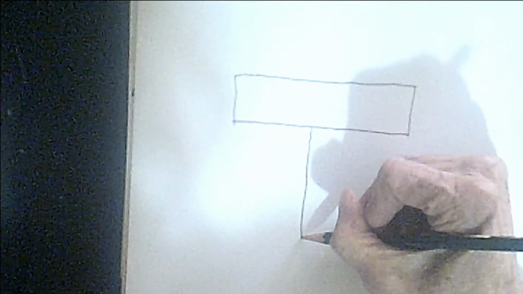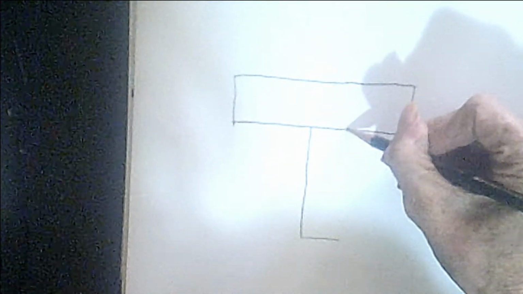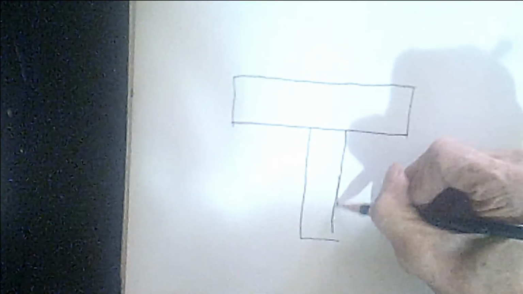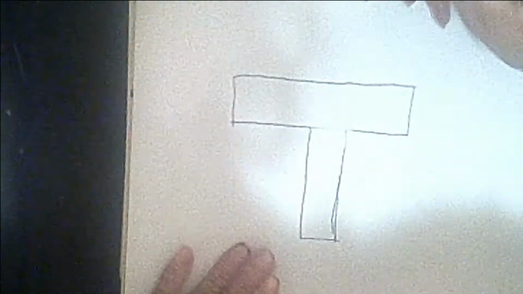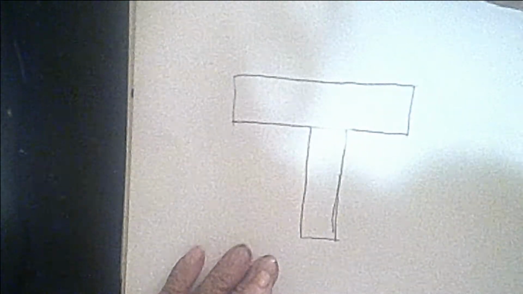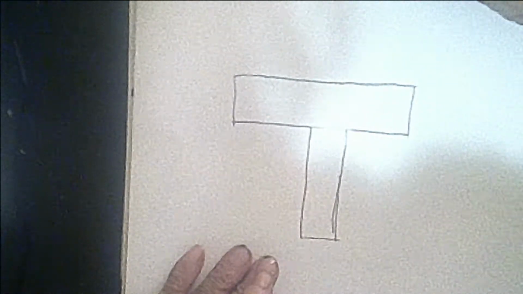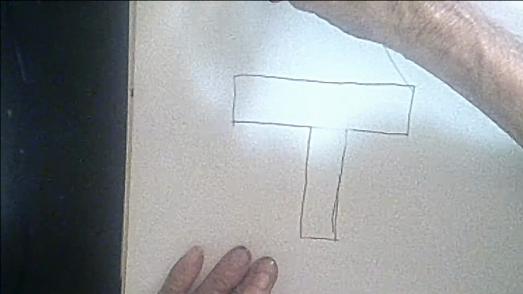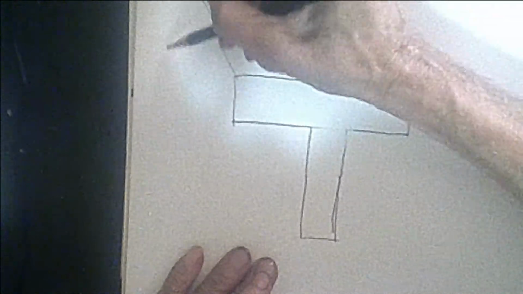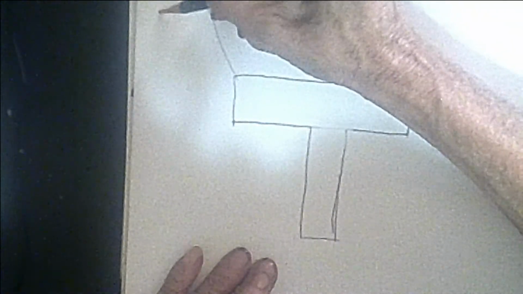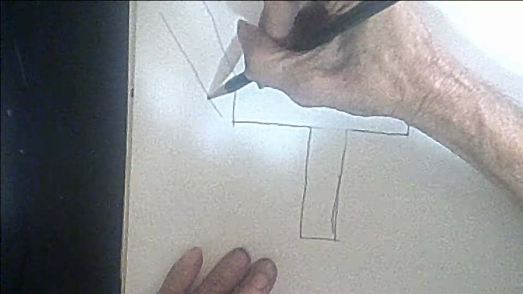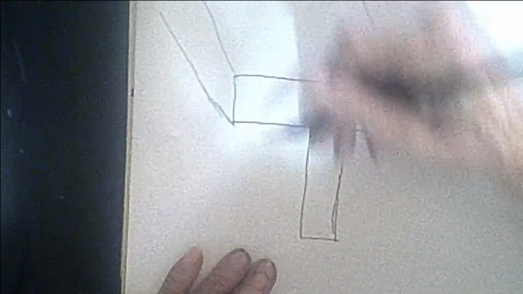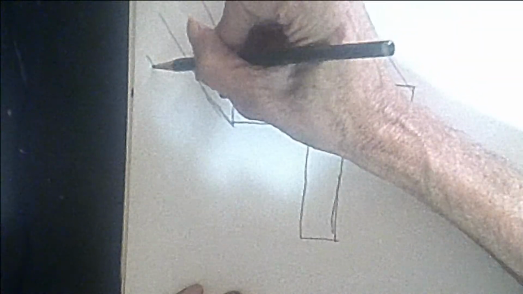It comes down, like so. Then we've got a line coming off of it, a line coming off the top, a line coming off this corner, and a line coming off this corner.